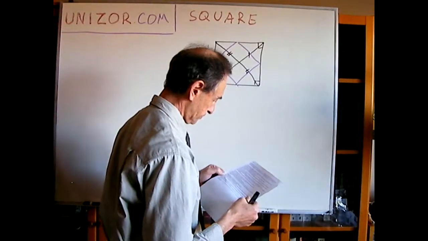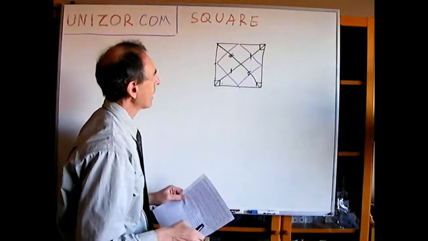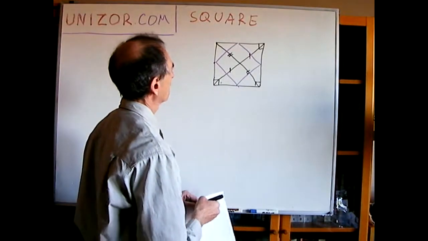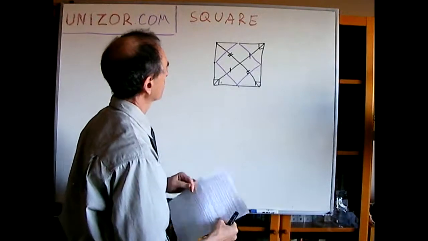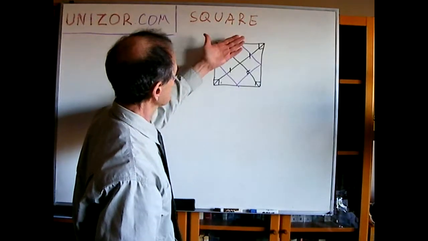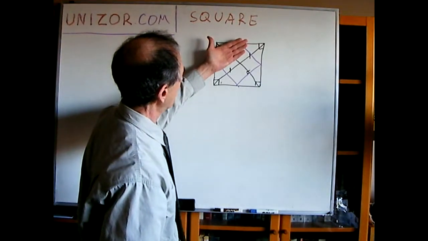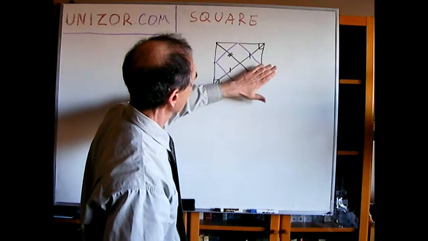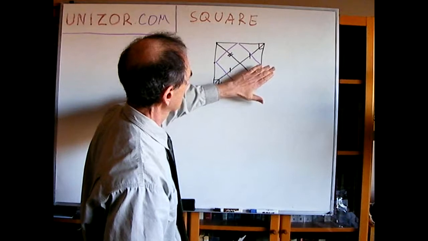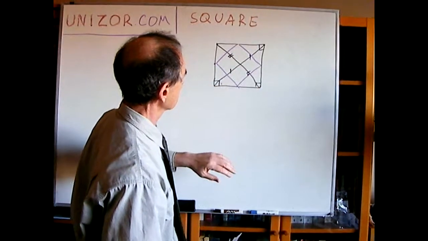Each diagonal is an axis of symmetry. So this diagonal is an axis of symmetry in the sense that this side above this diagonal can be turned and it will coincide with this one.